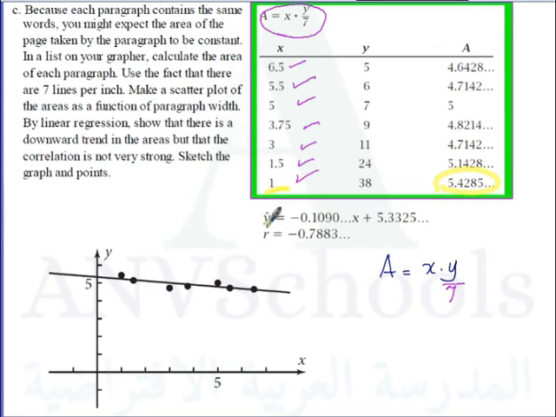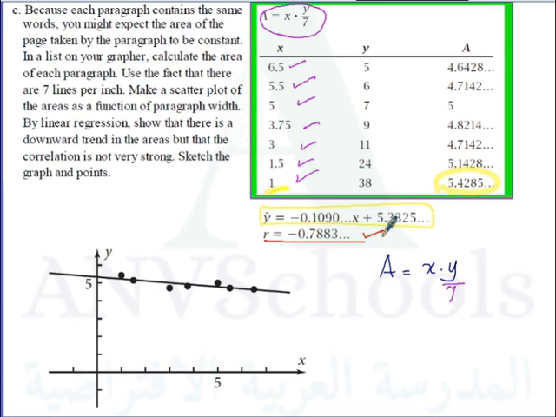And the linear regression produced by your graphing calculator is negative 0.1090 x plus 5.3325 with a coefficient of correlation which is negative 0.7883, which is weak correlation.